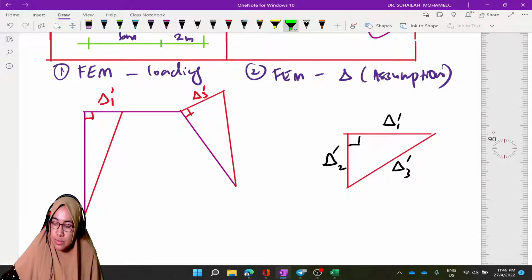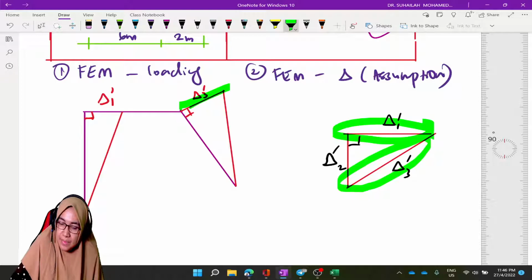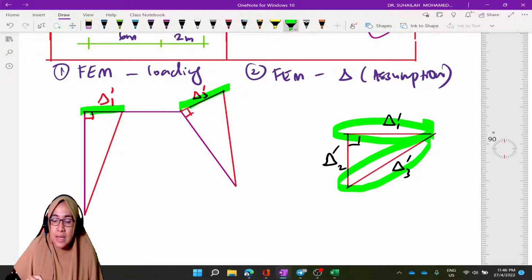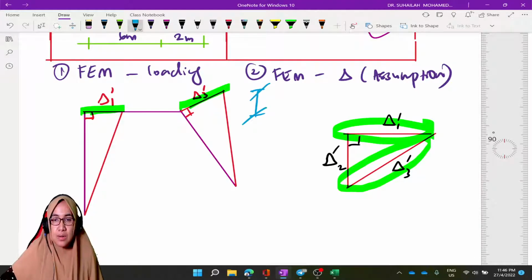It refers to this as this, and refer to delta 2 prime. It actually comes from vertical displacement. We measure from the lowest position of the beam to the highest position of the beam. So we get this.